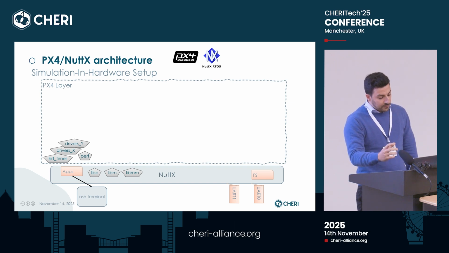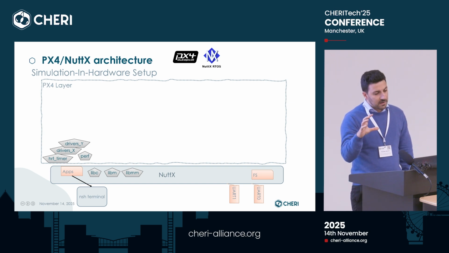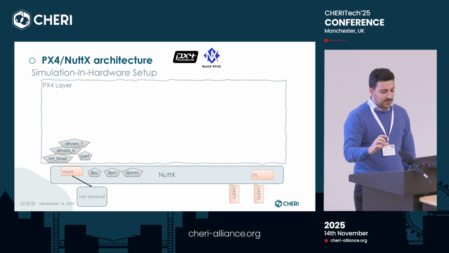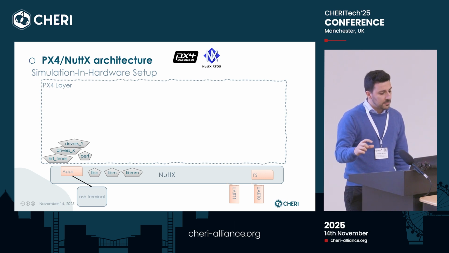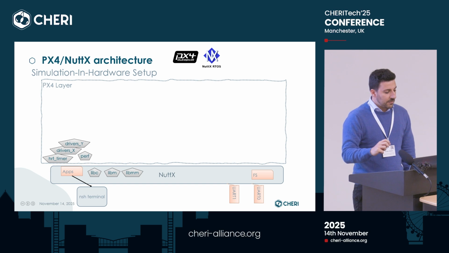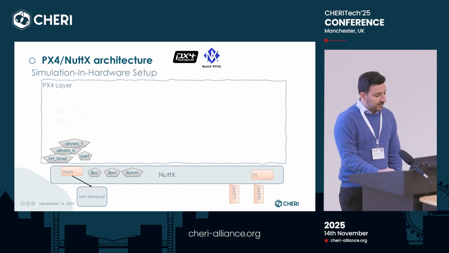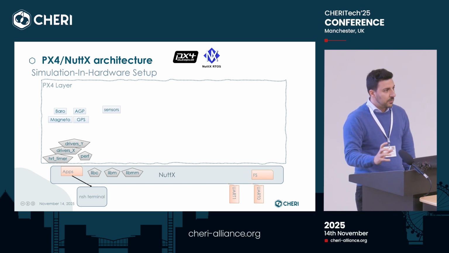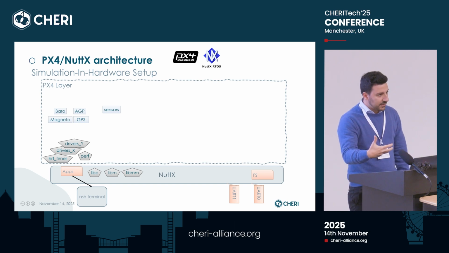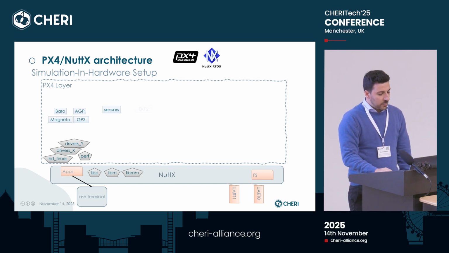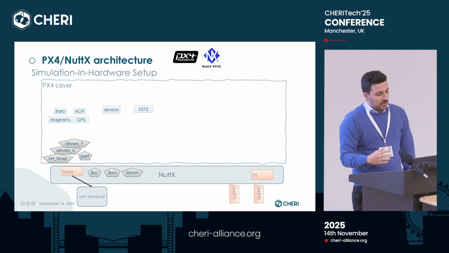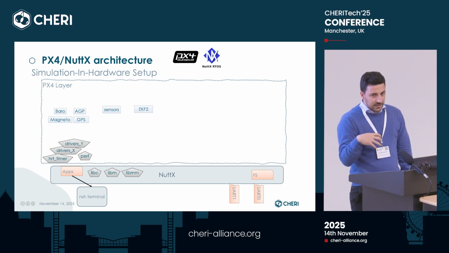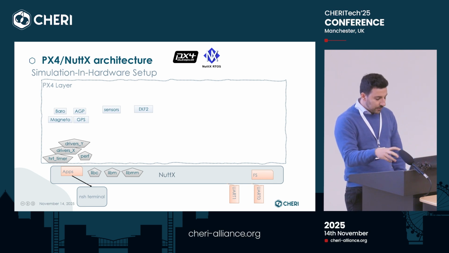PX4 follows a modular approach, which means that each functionality of the drone is represented by a module. So we have different modules, like here sensors, emulated sensors. We have this sensors module that collects raw data from the sensors and filters it to clean it a bit. We have the extended Kalman filter that collects data and localizes the vehicle, the drone.